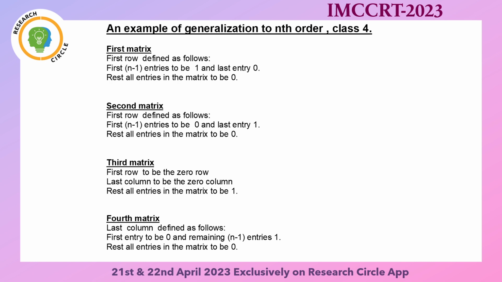In the fourth matrix, we take the last column to be defined as follows, where first entry is to be 0 and remaining n-1 entries 1, and rest all the entries in the matrix to be 0. Similarly, some more observations can be made, but due to shortage of time, I have presented here only one such observation. With this, I end my presentation.